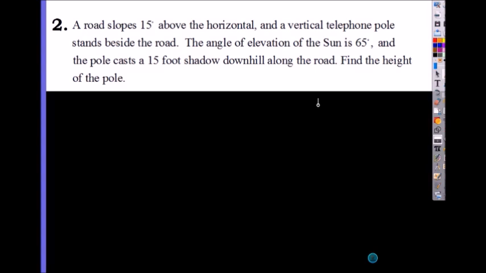So a road slopes 15 degrees above the horizontal. So the road is angled, right? It has a slope of 15. And a vertical telephone pole stands beside the road, and the angle of elevation of the sun is 65 degrees, and the pole casts a 15-foot shadow downhill along the road. Find the height of the pole.